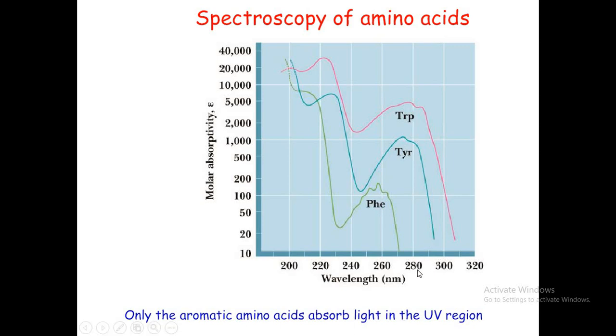Due to the absorption of light by protein A, we can easily identify that yes, this protein A has a higher number of aromatic amino acids. So in short, just keep in mind that the ability of aromatic amino acids to absorb UV light enables us to functionally characterize a protein or to identify a protein from an unknown mixture of proteins.